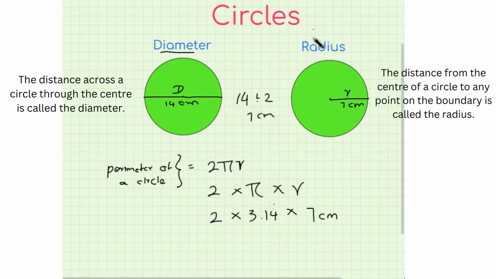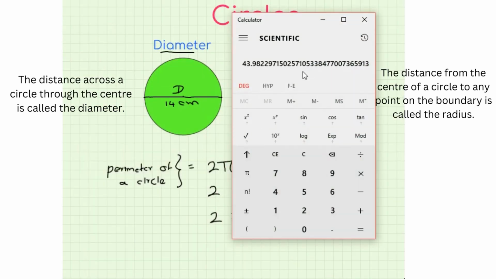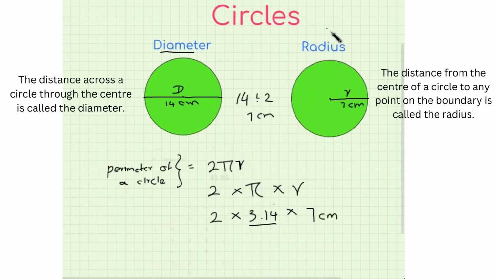Now if we use 3.14 in our calculation, that would be 2 times 3.14 times 7, and you would get 43.96 as your answer.